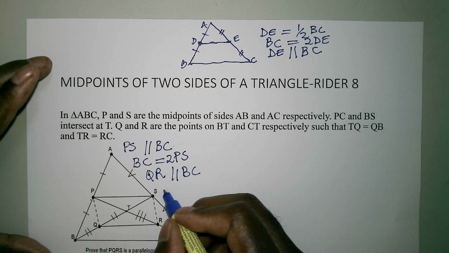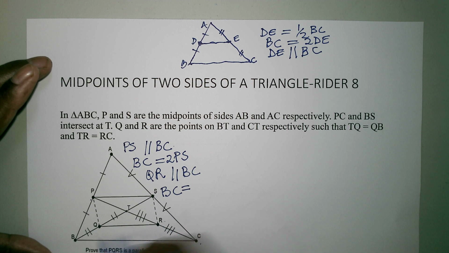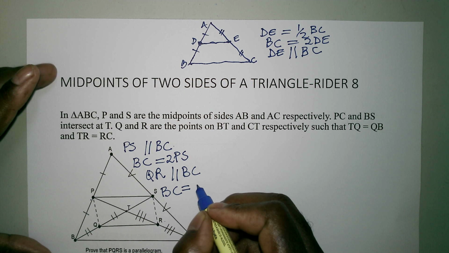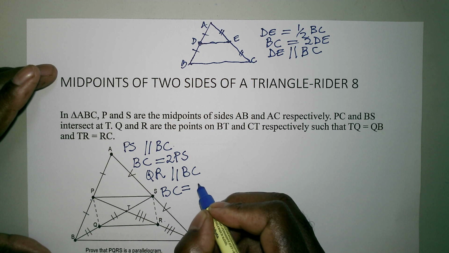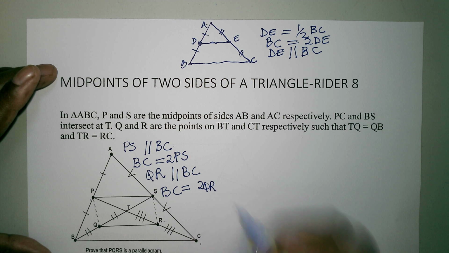And one other thing is that QR will be half of BC because of these midpoints that have been joined. BC is equal to twice QR. Okay? This is what we have.